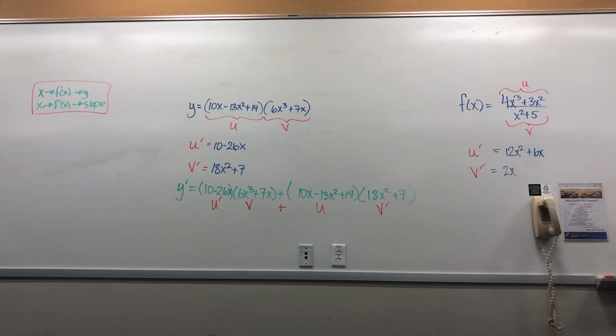F prime of x is u prime times v minus u times v prime, all over v squared. So here are my labeled parts: u prime v minus u v prime, over v squared. That was easy.